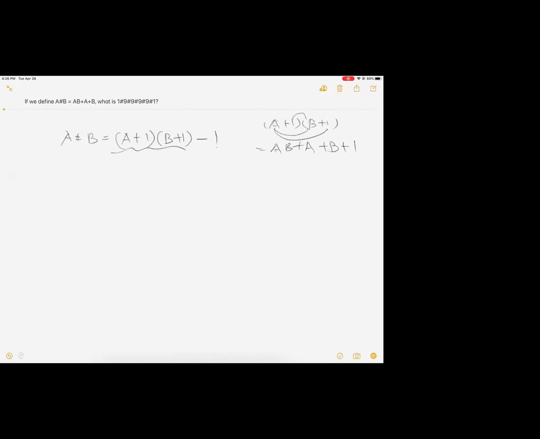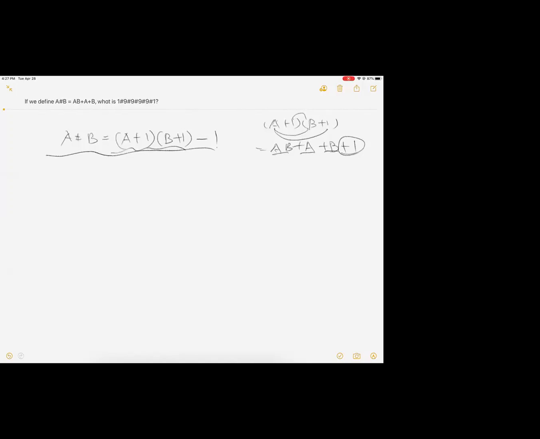So this is the same as AB plus A plus B, and then here you add 1, so you have to subtract 1. Okay, go ahead. And then you apply that rule to the actual equation.